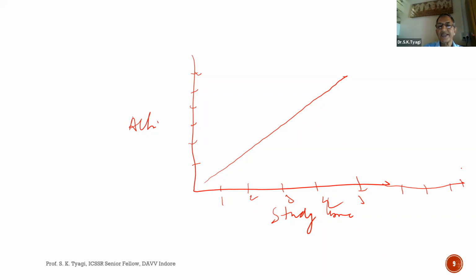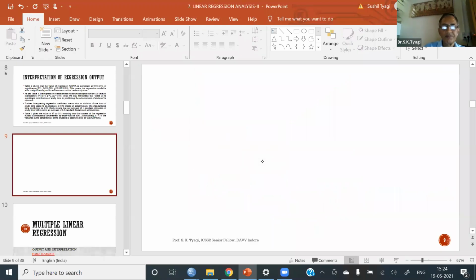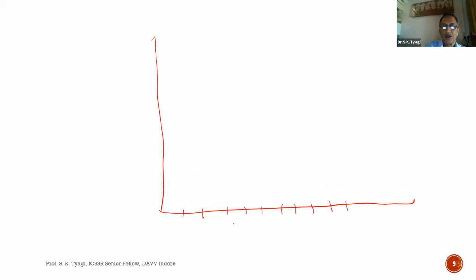Now, what does regression coefficient mean? It means if you increase study time by 1 hour, this was 2 hours, this is 3 hours. Study time on one axis, achievement on the other.